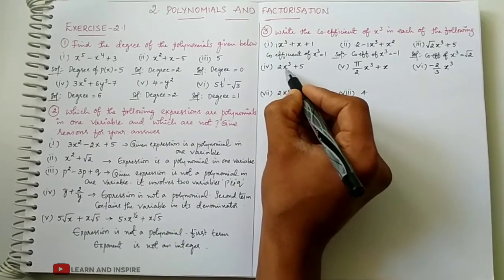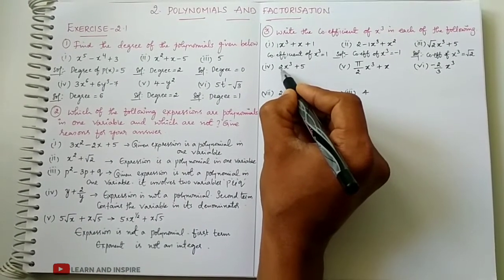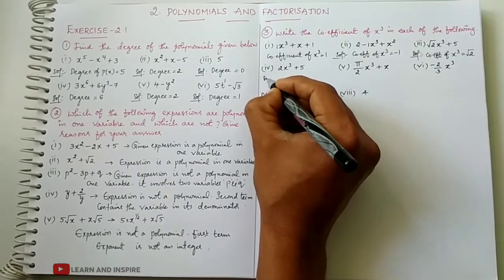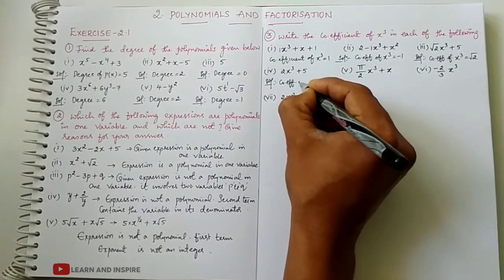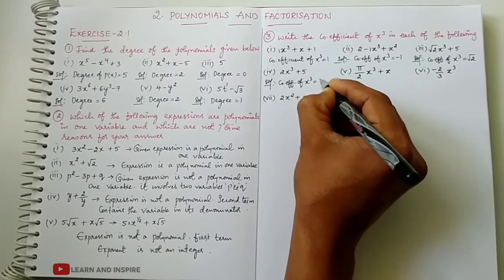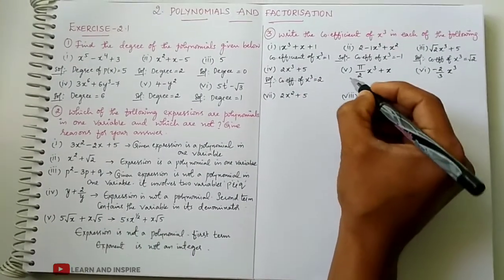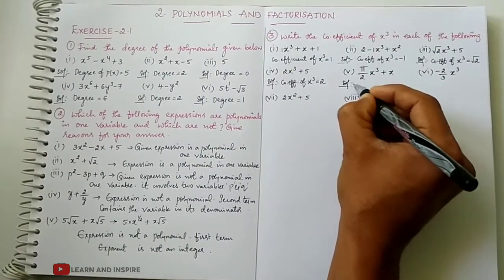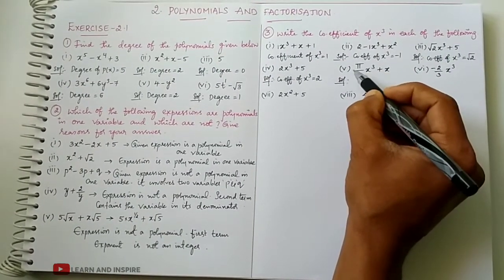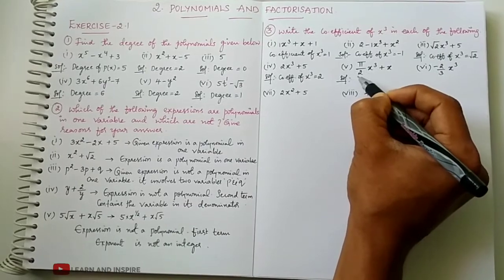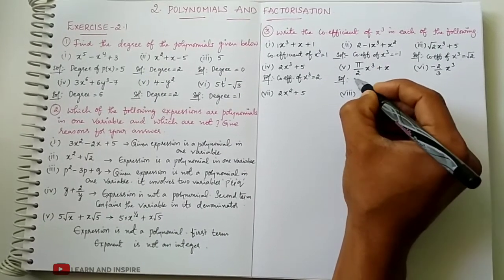Okay, next question number 4, 2x cube plus 5. What is the constant before the variable? It is 2. So the coefficient of x cube is 2. Okay, next, pi by 2 x cube plus x. What is the constant before the variable? Nothing but pi by 2.